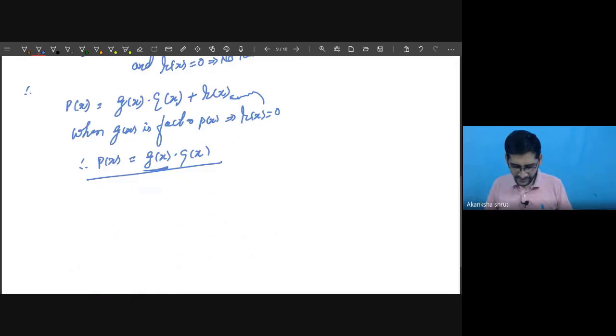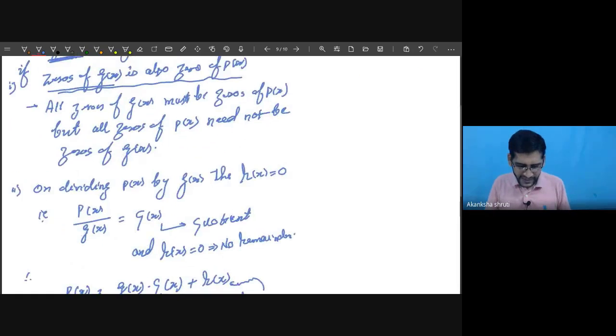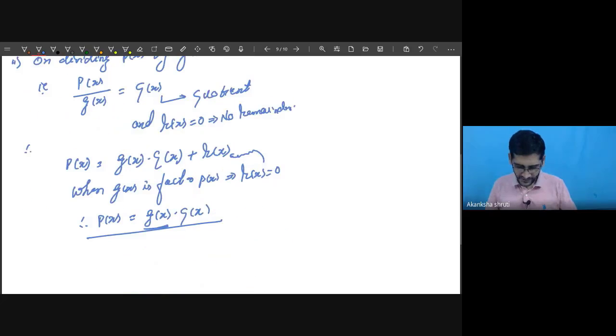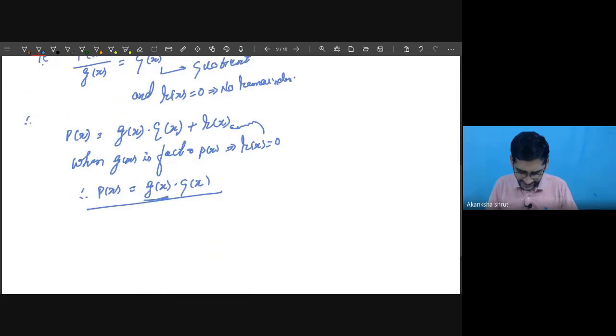Student, applying the first condition, we can verify whether g(x) is a factor of p(x) or not. So how do we verify or identify?